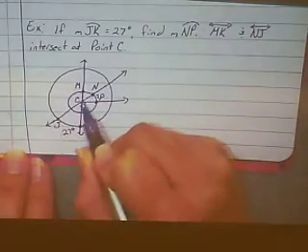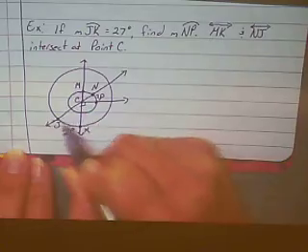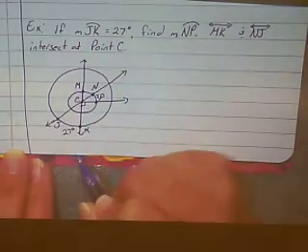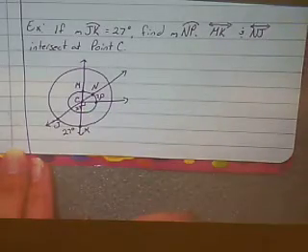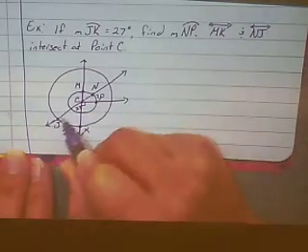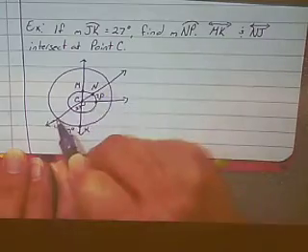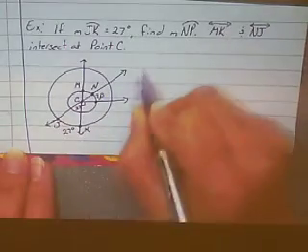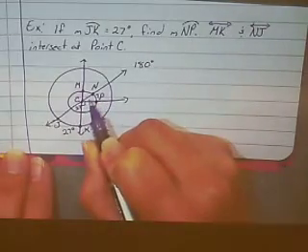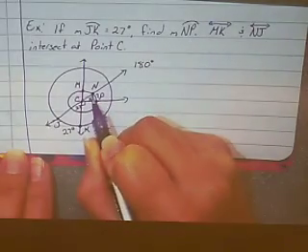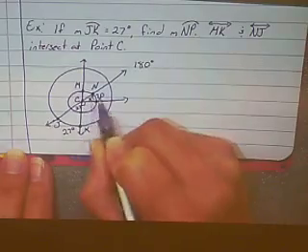Because angle KCJ is a central angle, we can say that its angle measure is 27 degrees as well. Line JN is forming a semicircle, so we know that this is 180 degrees. We also know that this angle in here is the same as the arc.